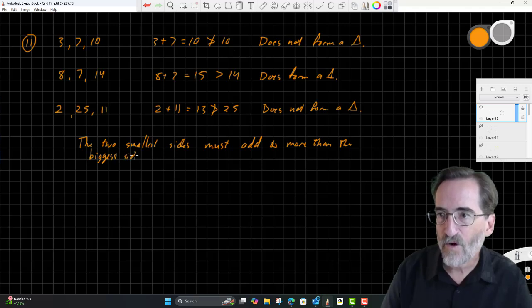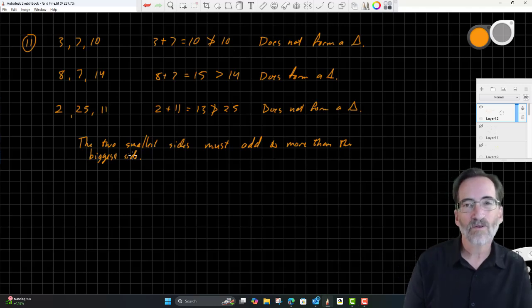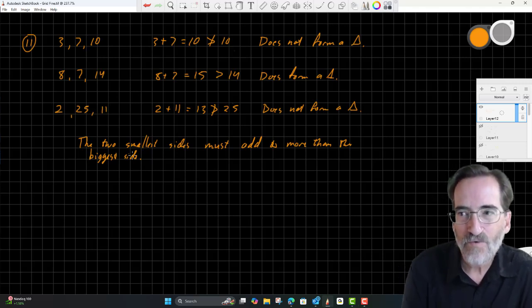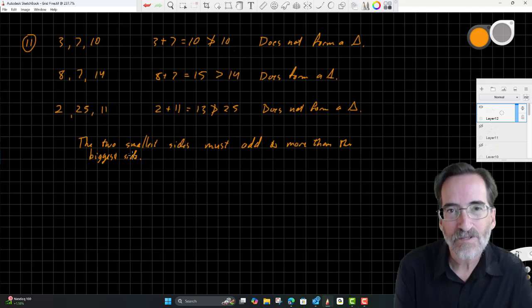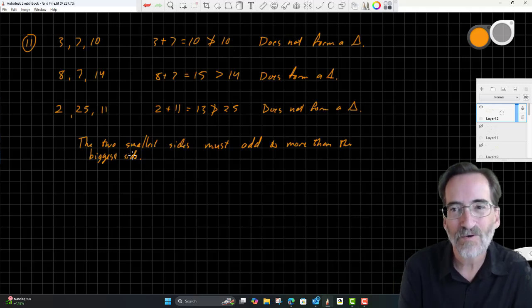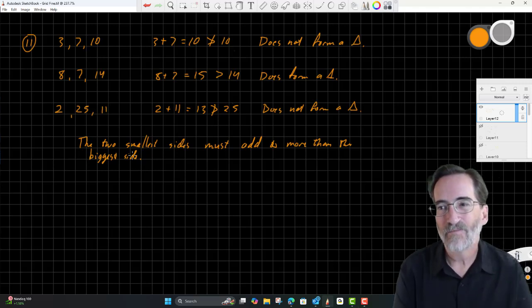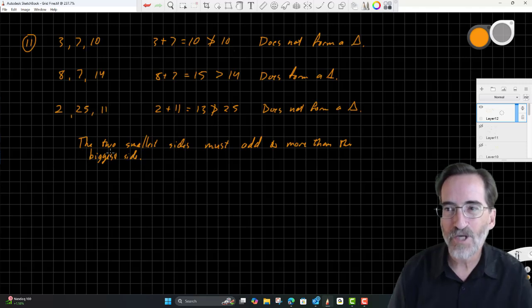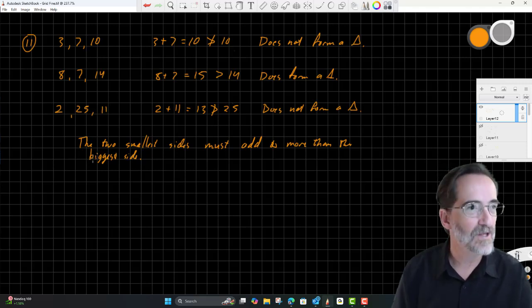The requirement actually is that any two sides must be more than the third side, but if you start with the biggest side, it's going to be more than the other two automatically. So it's sufficient to check the two smallest sides and see if they add to more than the third side.